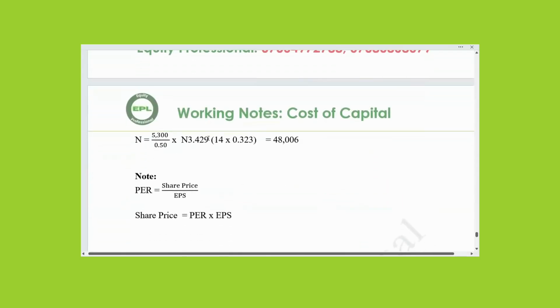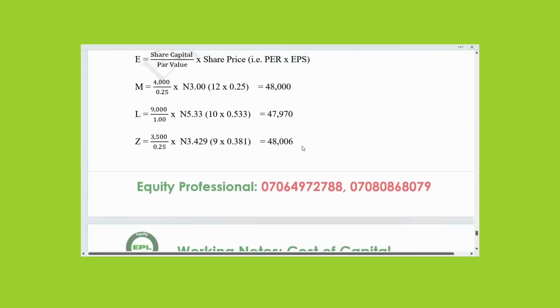You say it's 4 point what? 4.522. 4.522 multiplied by 10,600. 47,933.2. Okay. Now, we have calculated market value of equity for all the proxy companies.